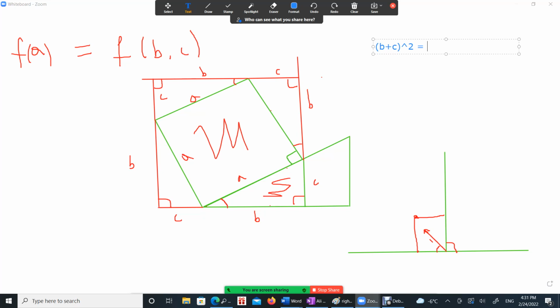We have here four triangles, and the area of the four right triangles, and the area of each would be the multiplication of both sides over 2.